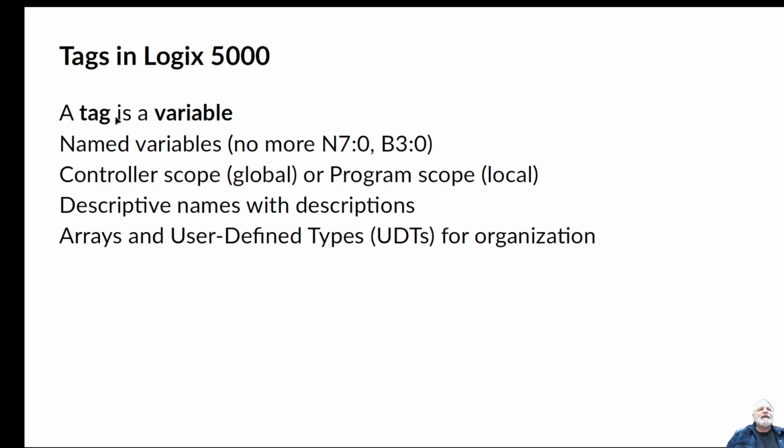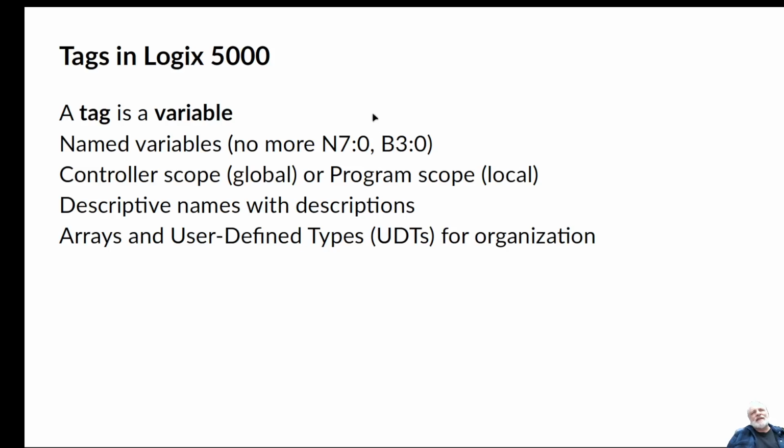Now a tag is Allen-Bradley's term for a variable. In math class, they like to say we have a variable X and a variable Y and a variable Z. Allen-Bradley uses the term tag instead of variable. With the older PLCs, you would have to define, okay, I have a number, so that would be an integer, and it was in block 7, and then you'd have to specify the bit, and it was just very obscure and harder to work with.